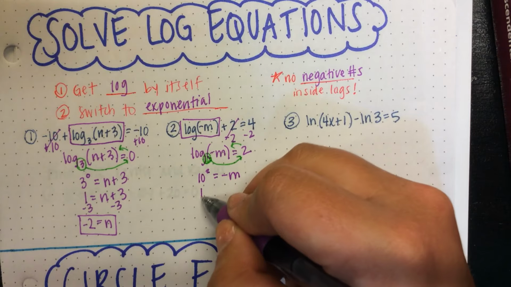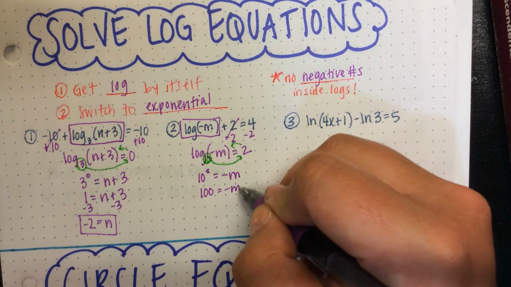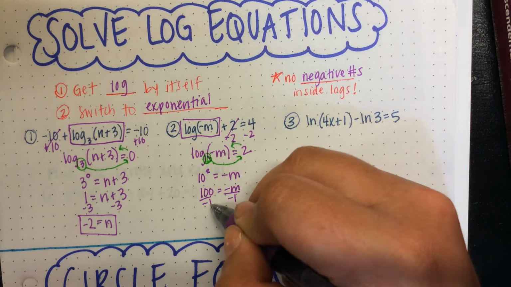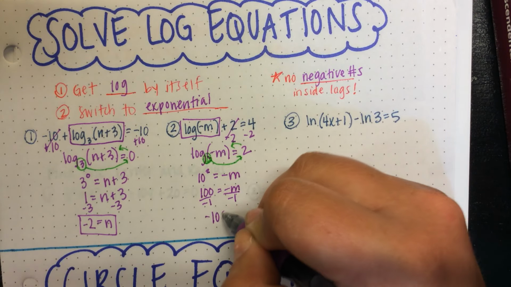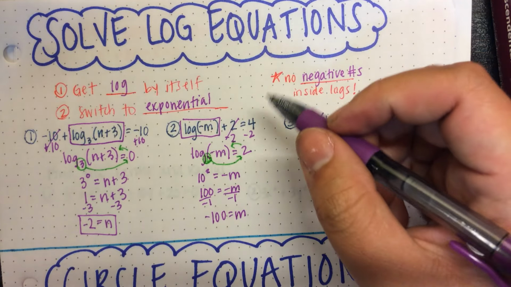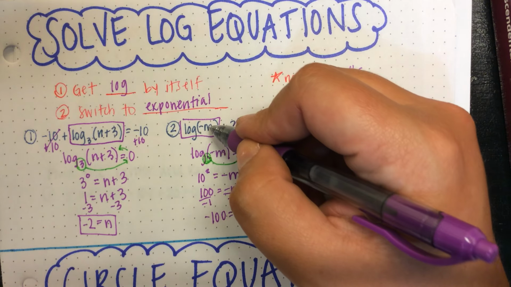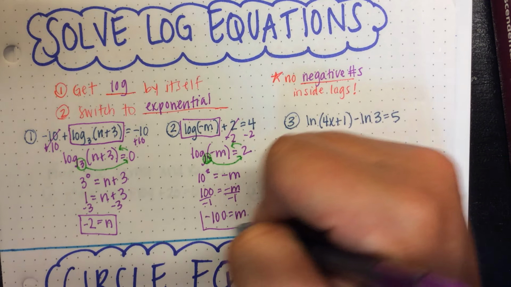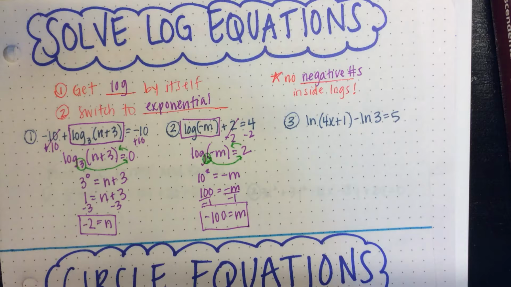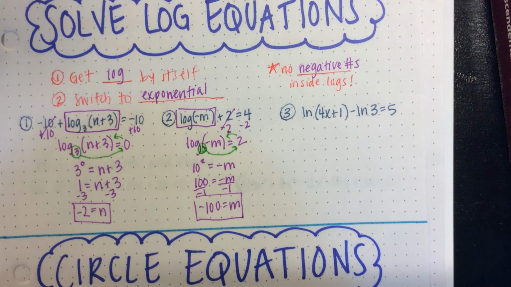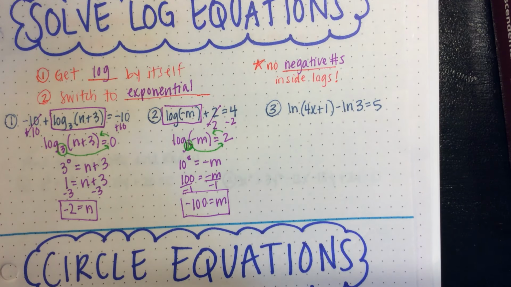Right? Well, 10 squared is 100. Okay, get rid of the negative by dividing by negative 1. So we get negative 100 equals m. Plug it back in, double check. So if I plug it in, negative 100 is really a positive 100. So we're set.